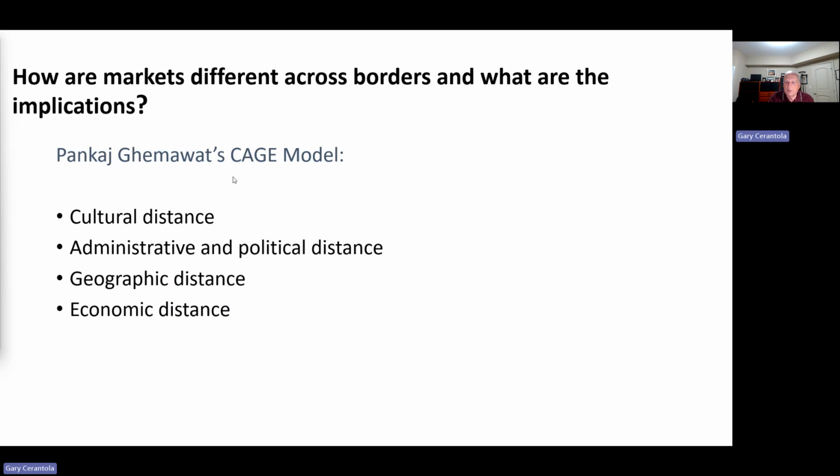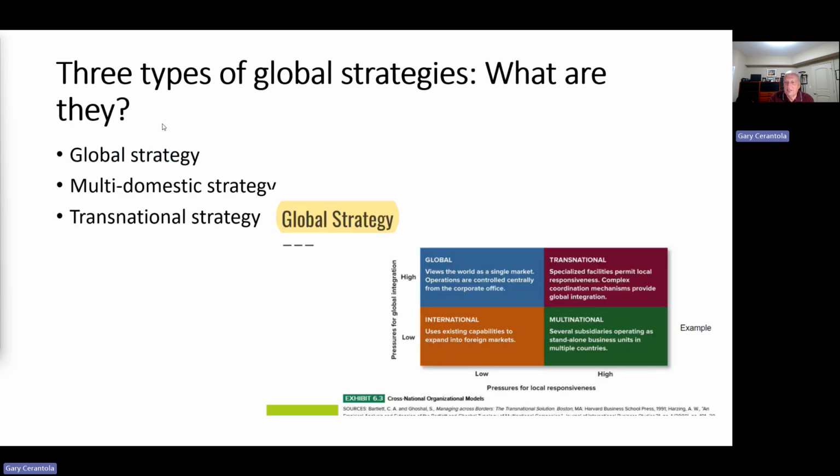All right. So something to know about the CAGE model. You need to understand cultural distance, and what that is, how different is that culture from yours? The administrative and political distance, the geographical distance, and the economic distance. And again, based on that, there's really three types of global strategies. There's the global overall, the multi-domestic strategy, and the transnational strategy.